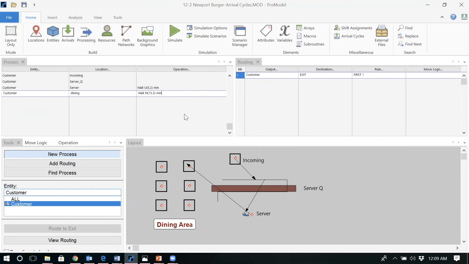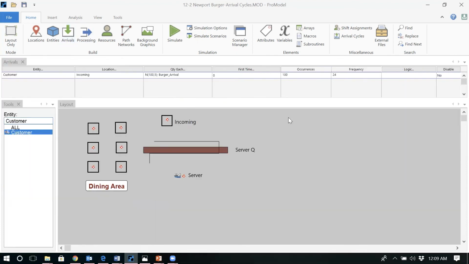However, before we do that, I want you guys to ask yourself if we need to specify the simulation runtime in this model. The answer is no, because if you remember from the arrival, the occurrence is 100. The inter-arrival time is 24 hours, and each 24 hours obviously represents a day.